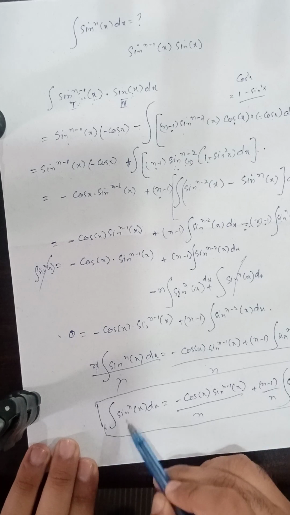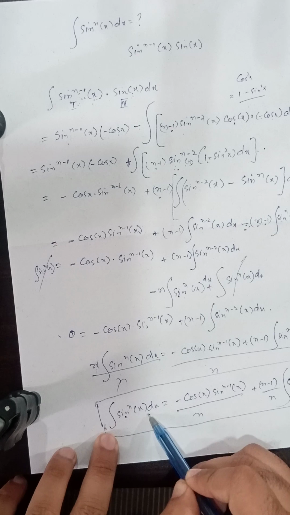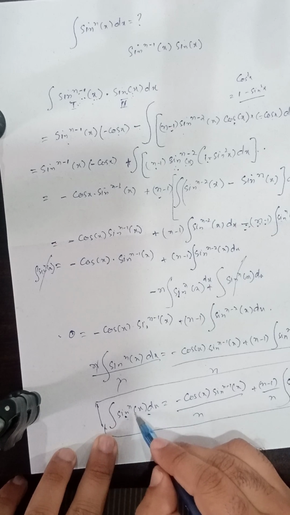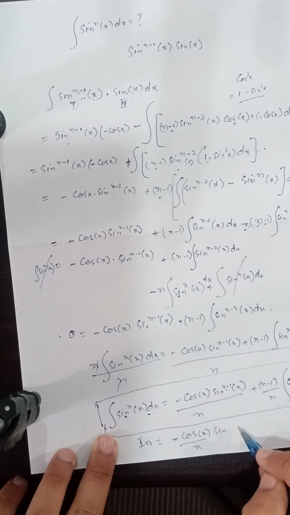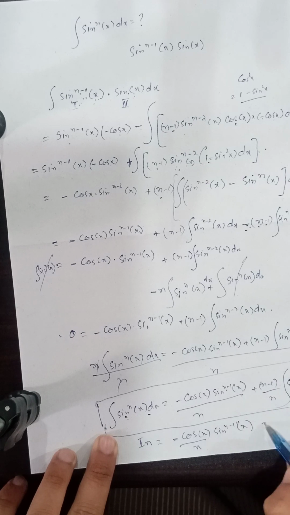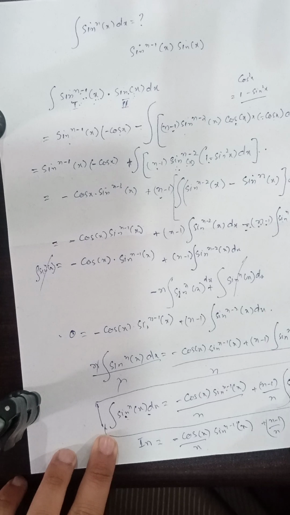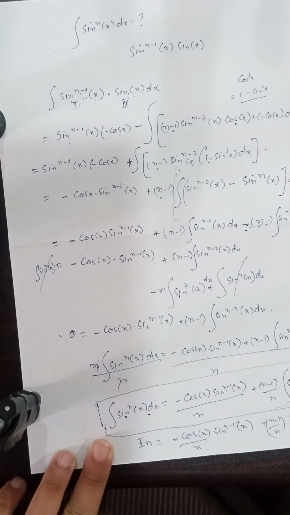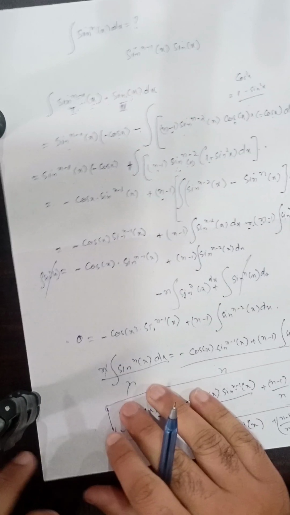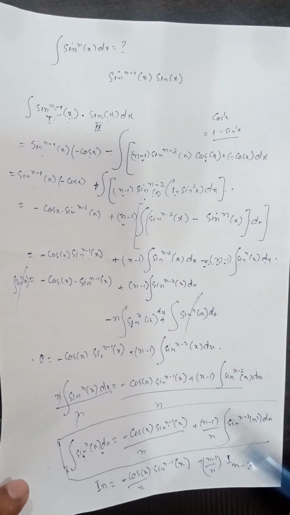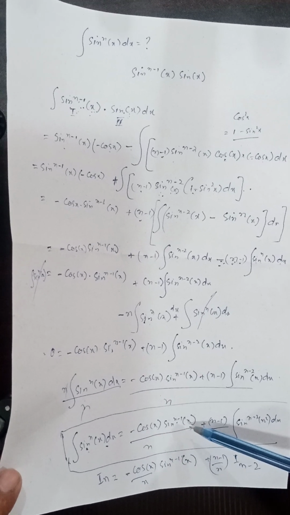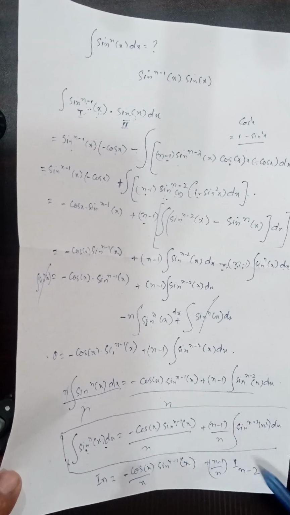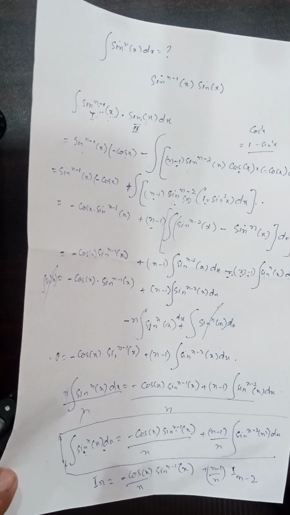If we denote the integral of sine power n of x by I n, then I n is equal to minus cos of x sine power n minus 1 of x divided by n, plus n minus 1 divided by n times I n minus 2. So this is the reduction formula overall: the integral of sine power n of x with respect to x is equal to minus cos of x sine power n minus 1 of x divided by n, plus n minus 1 divided by n times the integral of sine power n minus 2 of x with respect to x.